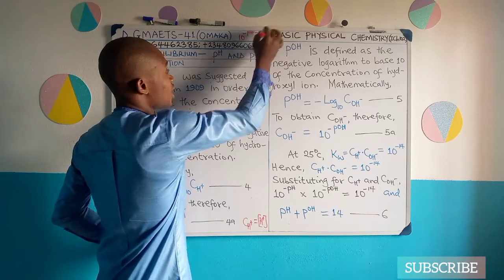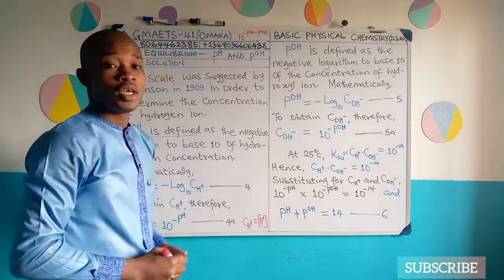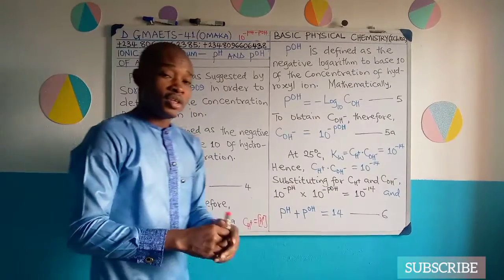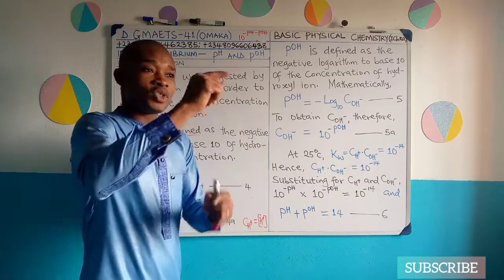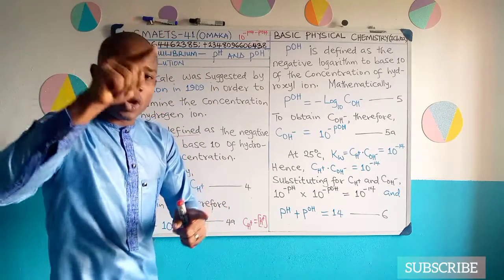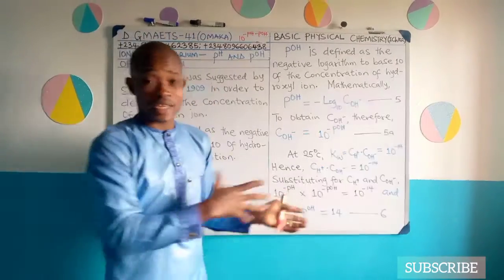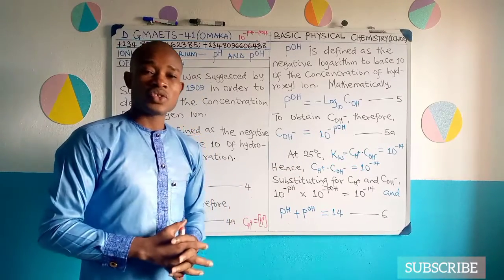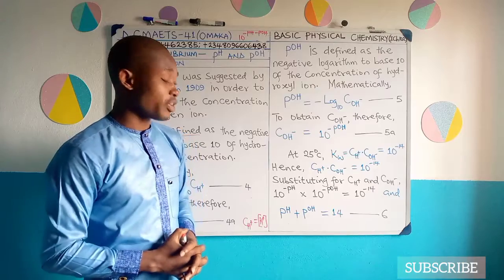And minus is common to this power, so bring out the minus. You're going to have 10 raised to power minus open bracket pH plus pOH close bracket. You can put that down and work it out. Just pure indices law of mathematics, multiplication law to be specific.